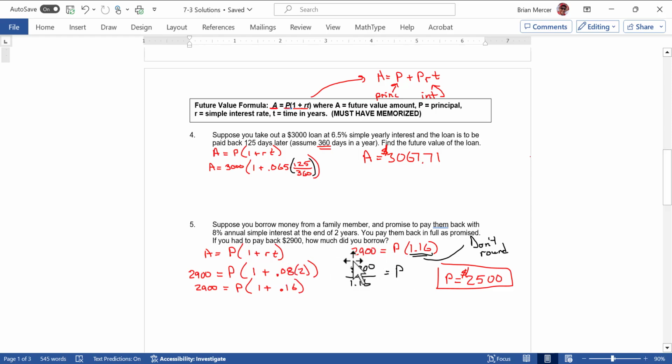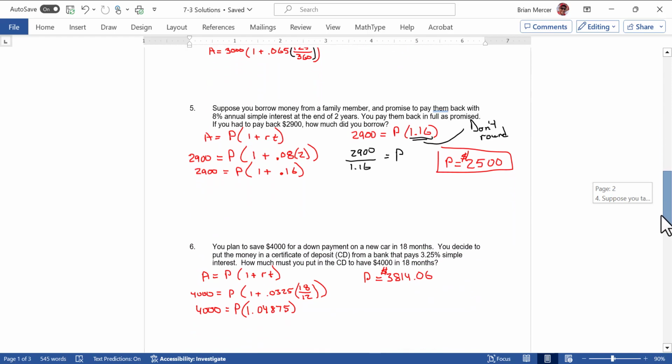So that turned out to be exactly 1.16, so I can write that. Doing a little algebra, we divide both sides by 1.16, and so that's why you get P is 2,900 divided by 1.16, and so P turns out to be exactly 2,500. So what that means is you borrowed initially $2,500, but you had to pay back $2,900 because of the interest that was due.